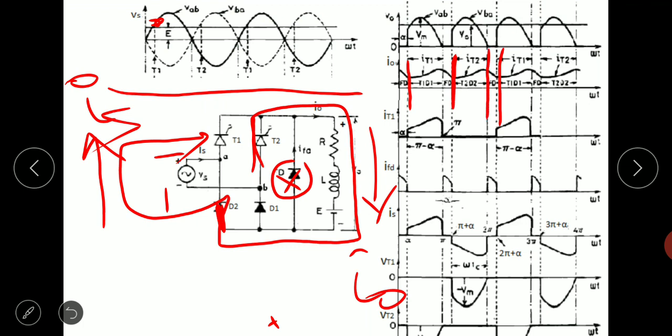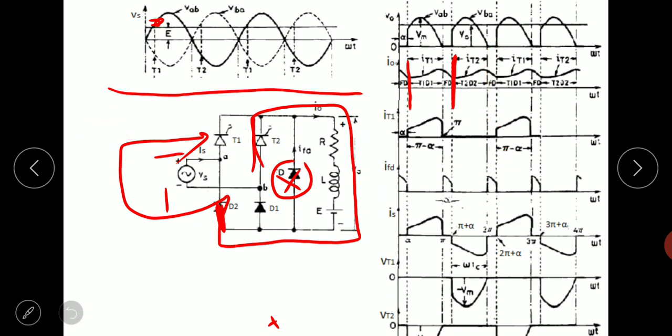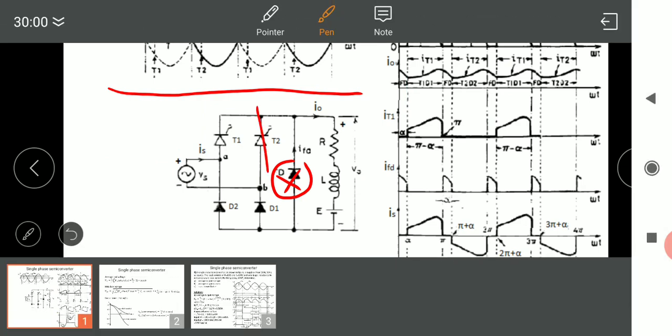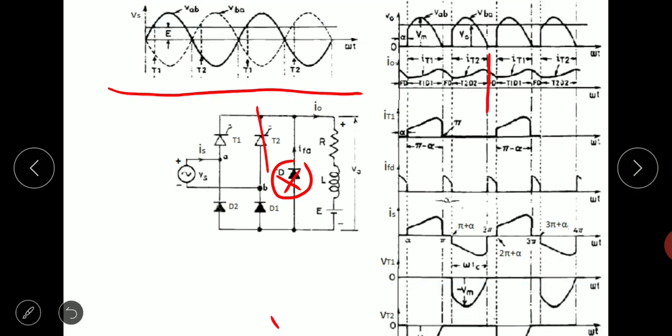T2 and D2 will conduct till omega t is equal to 2 pi, and between 2 pi and 2 pi plus alpha, again freewheeling action will occur. You can see that T2 is conducting, and just after the instant 2 pi, the supply is again positive.